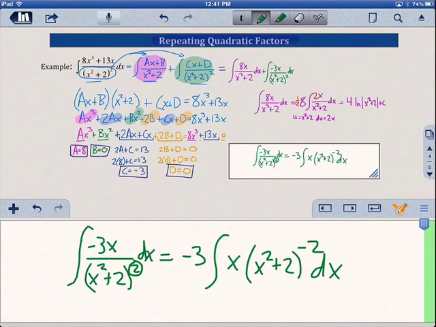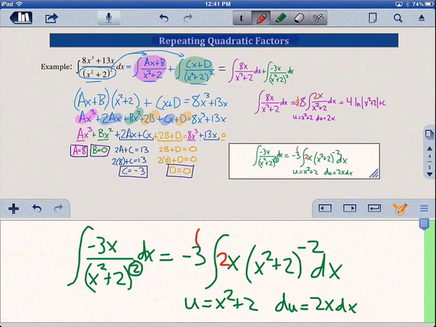And with this one, I would probably let u equal x squared plus 2. And so du would equal 2x dx. And I can see I have an x already. So I would need a 2 on the inside and times by 1/2 on the outside. So now I just have u to the -2.